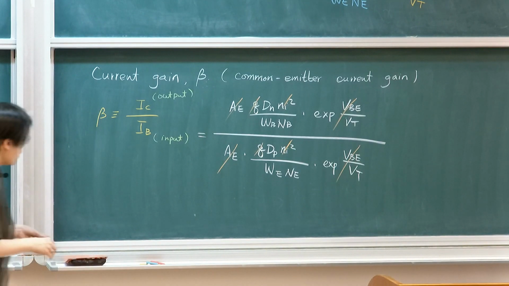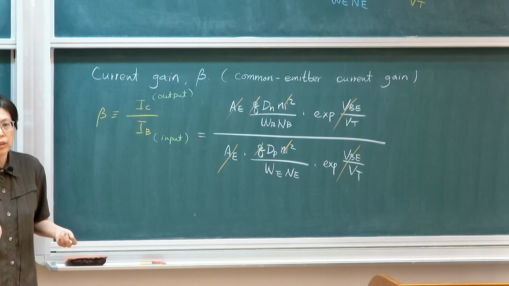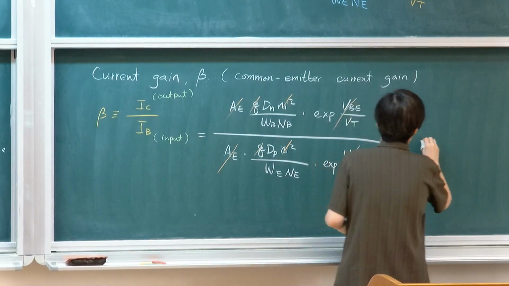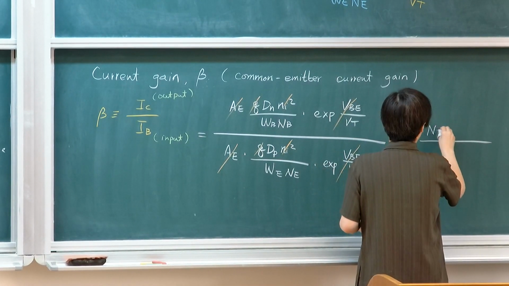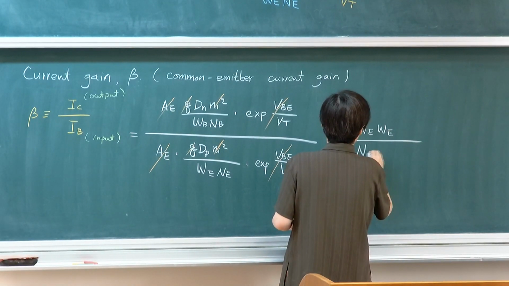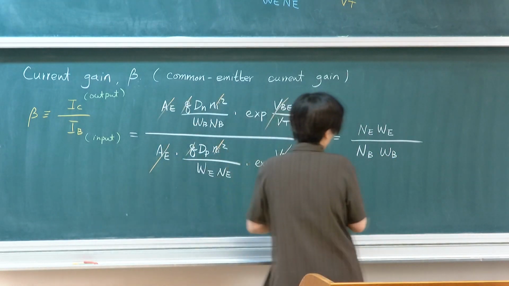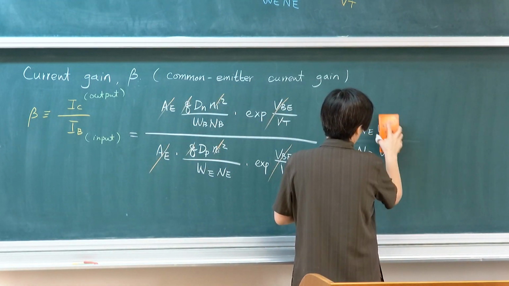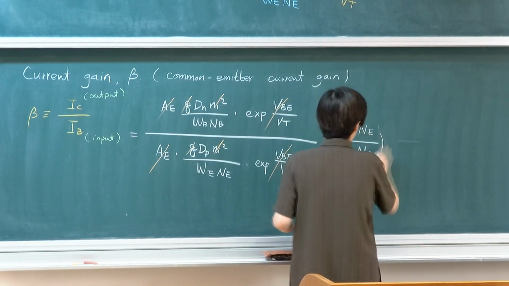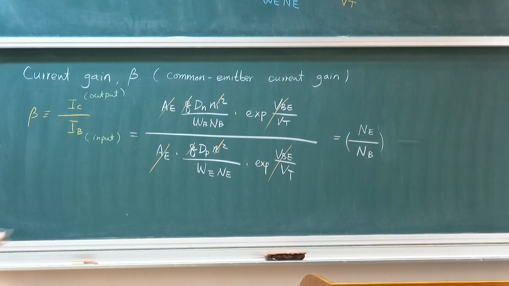Then you get a very clear vision as to what to do to get a better gain. It will be NE, WE, NB. So we're going to put them into ratios because these are the same type of things. Let me separate them. It depends on the doping ratio between the two, emitter and base.